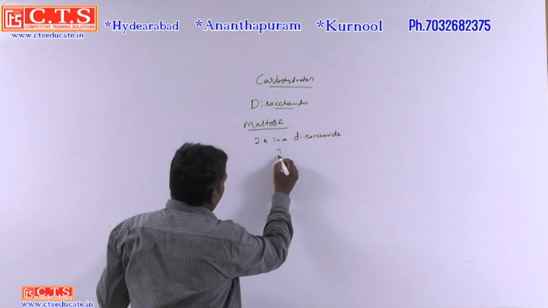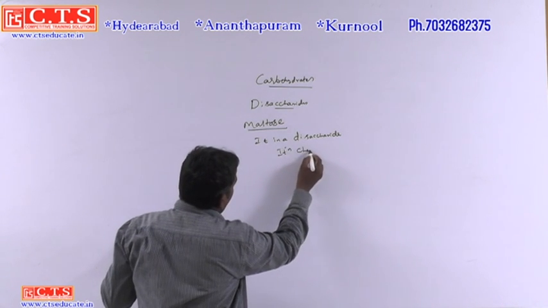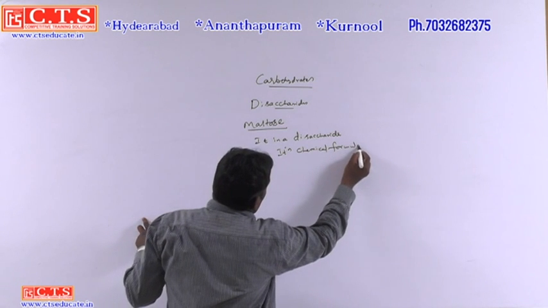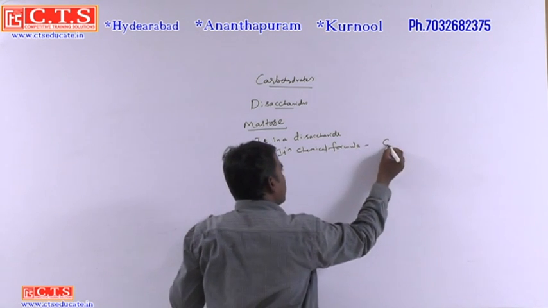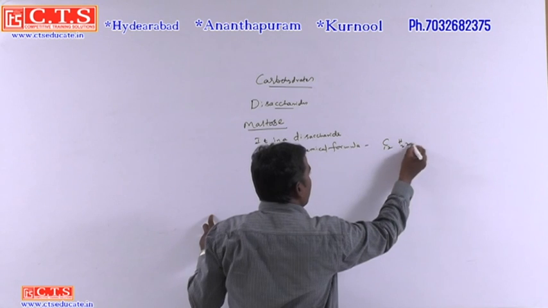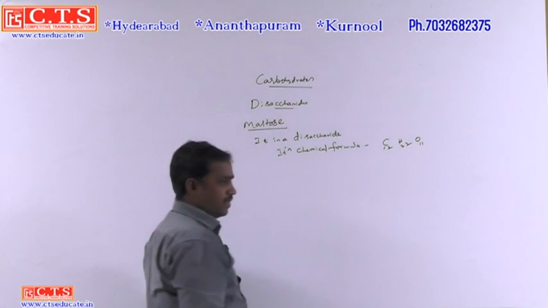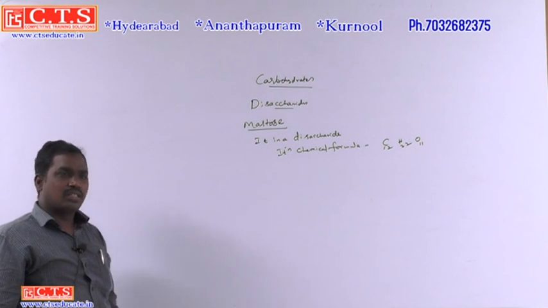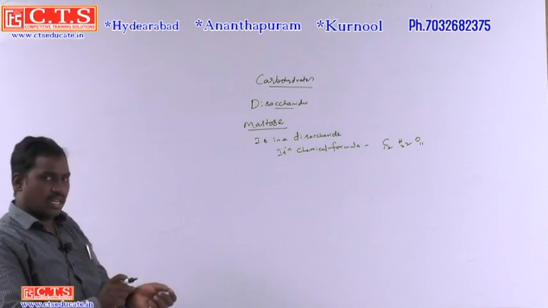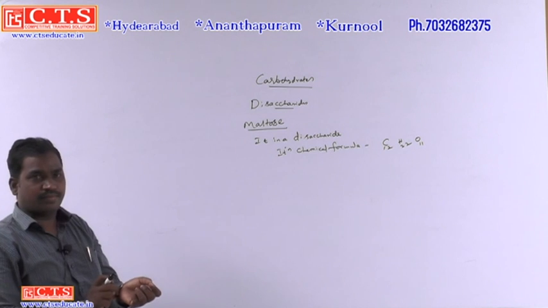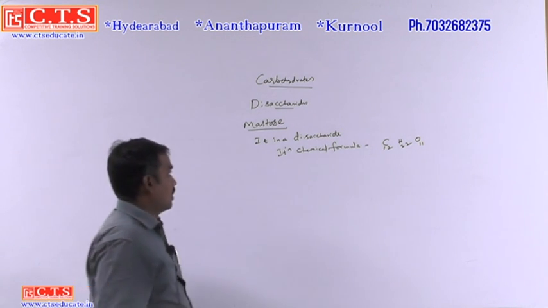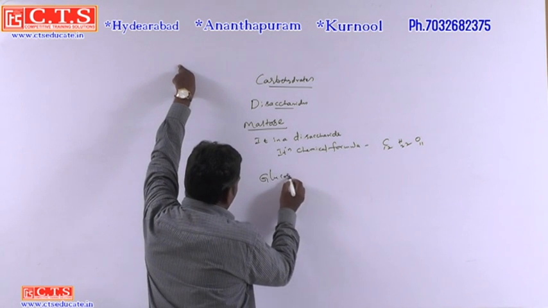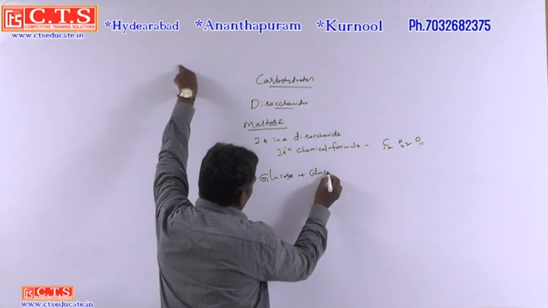Its chemical formula is C12H22O11. Next one is glucose plus glucose.